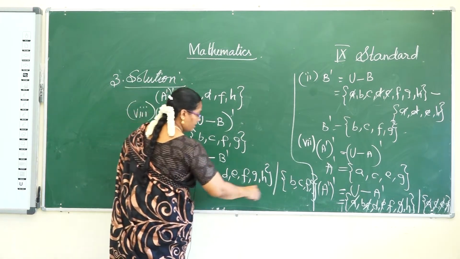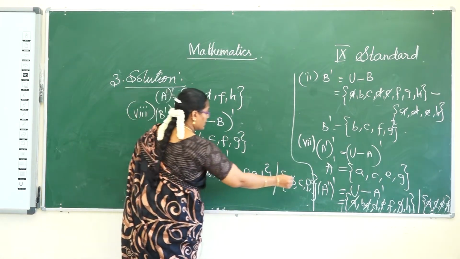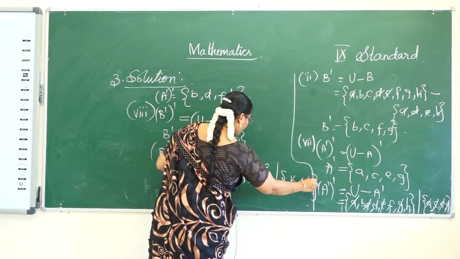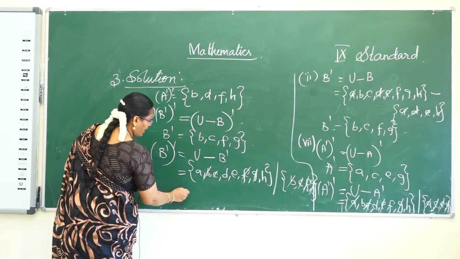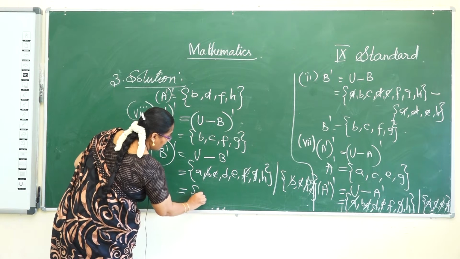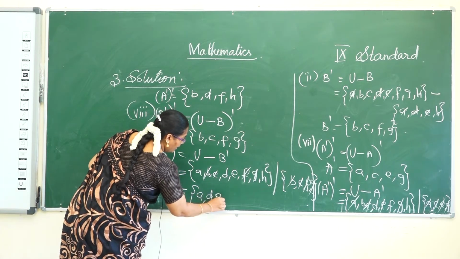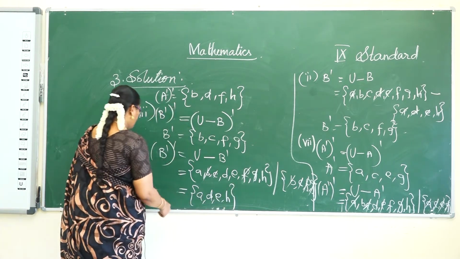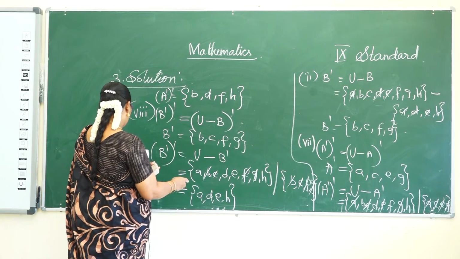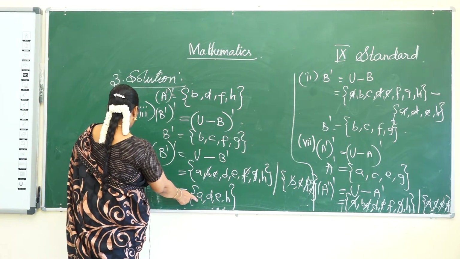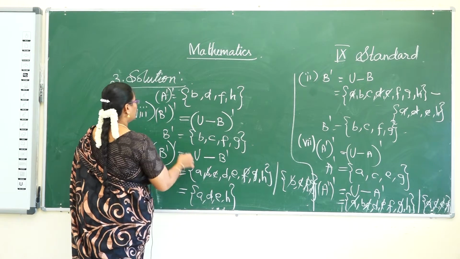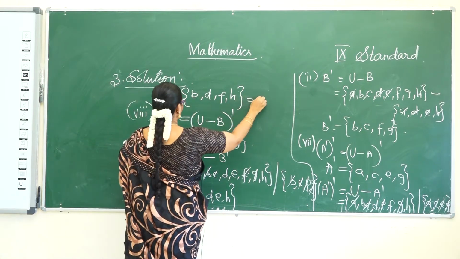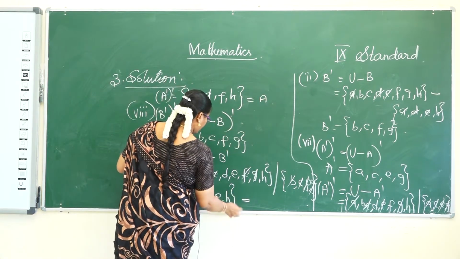So common elements will be cancelled in both sets. So what remains? A, D, E, H. So these elements are in set B, is it? A, D, E, H is equivalent to the set B.